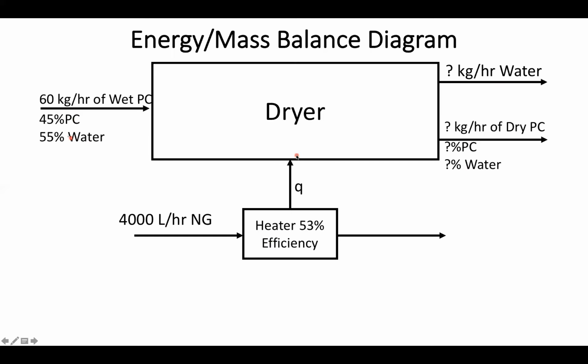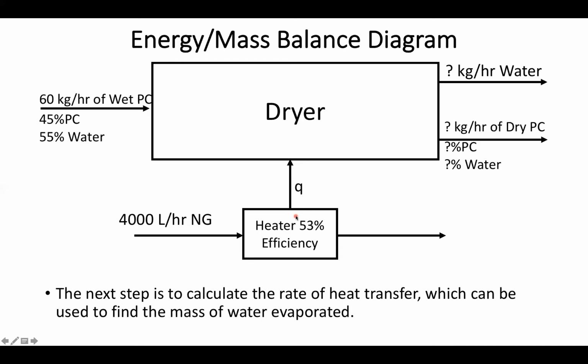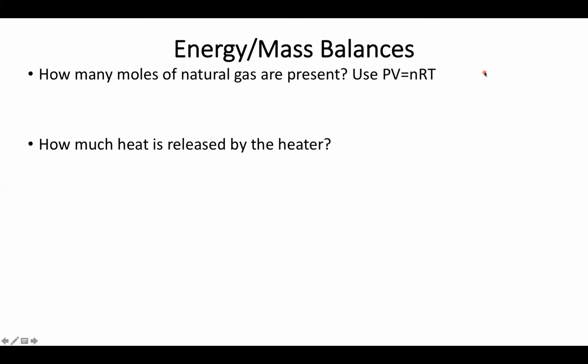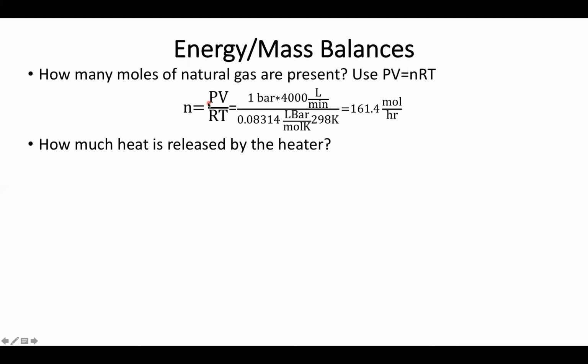So the next step is really going to be trying to solve for this Q term, which we can then use to help figure out how much of the water ends up evaporating. So the first question is, how many moles of natural gas are present? For this, we're going to assume an ideal gas. So the moles is going to be related to PV over RT.